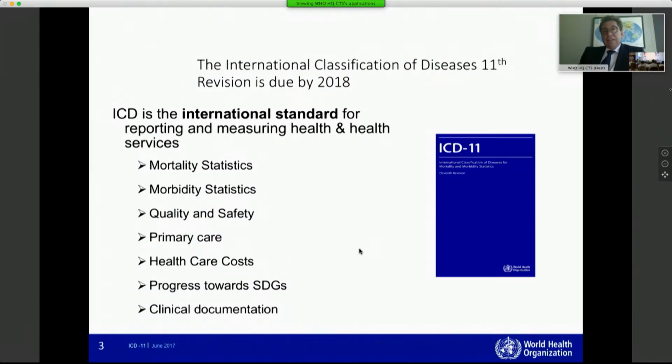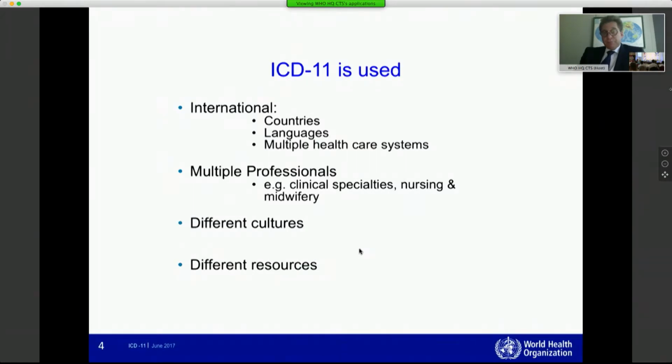So ICD is there already in many countries, and the move to ICD-11 will open the door to all these different features that the ICD-11 has. As I say, it's used in many countries, for many languages, with multiple healthcare systems, and by multiple professionals.